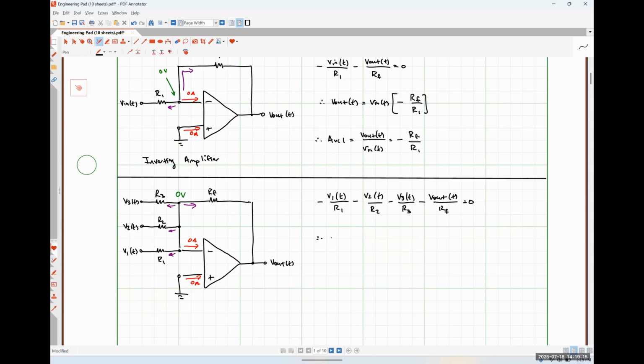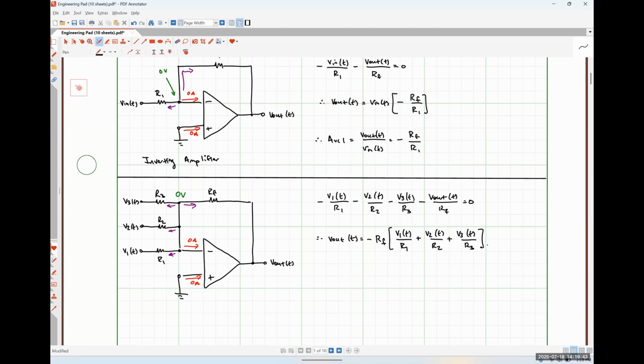Rearranging this, we would find that our output voltage is just going to be negative RF multiplied by V1 over R1 plus V2 over R2 plus V3 over R3, and so on and so forth.